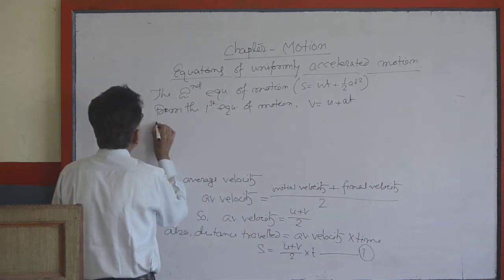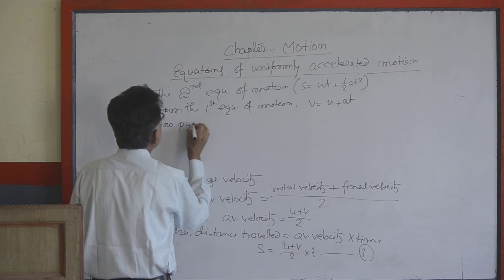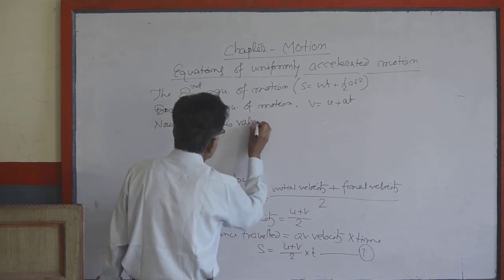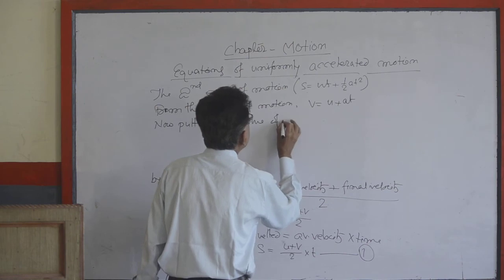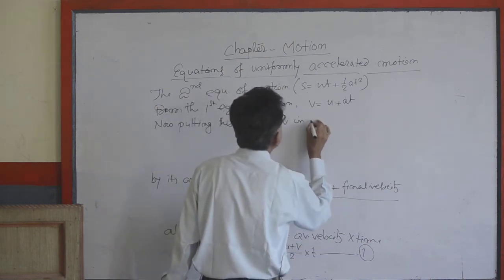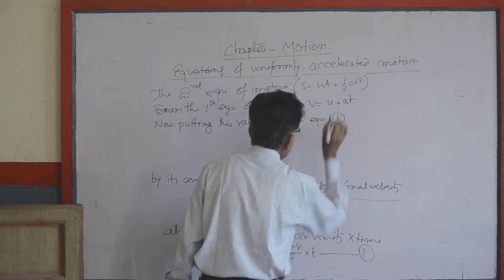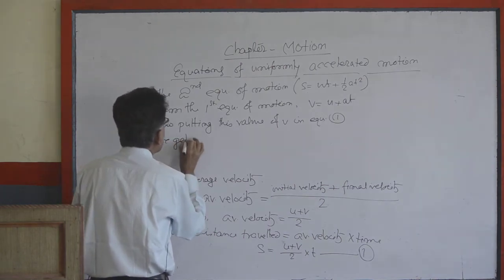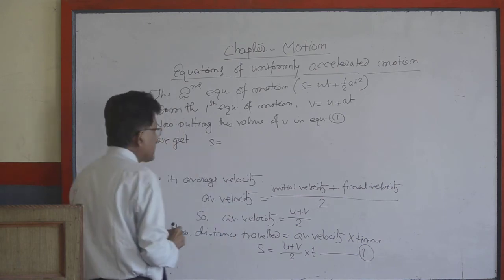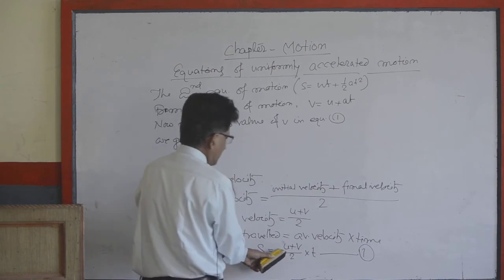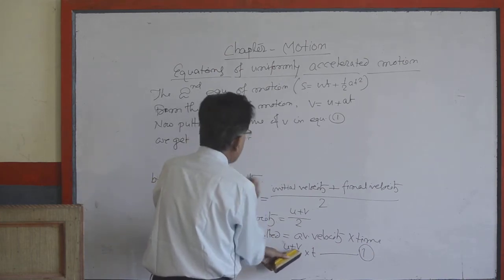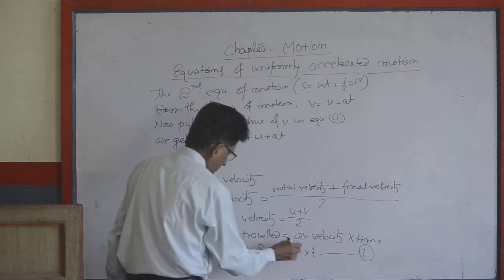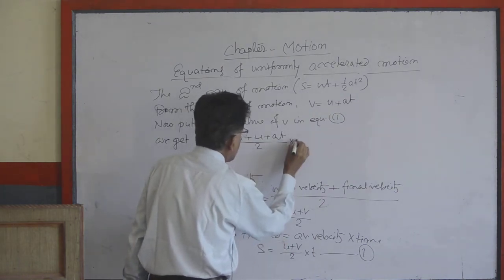Putting this value of v in equation 1, we get s equal to u plus u plus at by 2 into t.